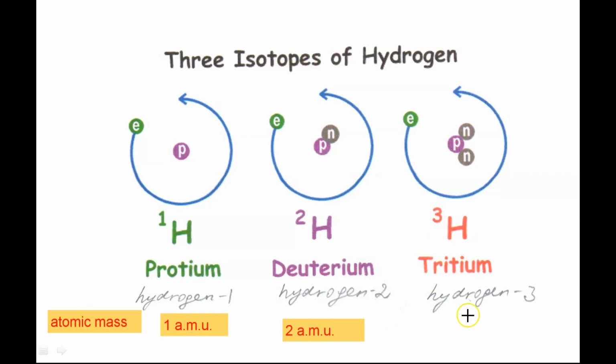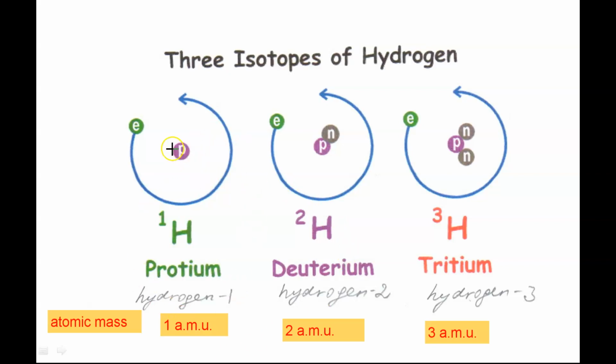And finally, I have hydrogen 3 here. Mass has to be 3. Why is it 3? Because I have 2 neutrons and 1 proton, right? 1, 2, 3. 2 plus 1 is 3. That will give me the atomic mass of 3 atomic mass units. So very simple and elegant. So what do I have here?